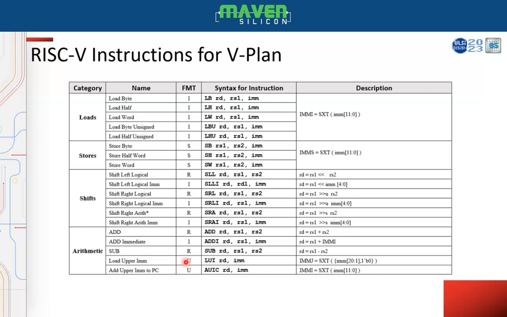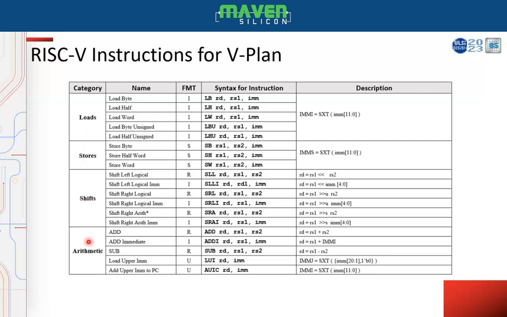So as an initial step in the verification process, we try to ensure that the execution of all these instructions is verified. So that is how we have prepared our verification plan. Based on the instructions supported by this RISC-V core, we try to segregate all of those instructions into different categories. So we segregate all the load related instructions at one place, similarly store related instructions at one place.